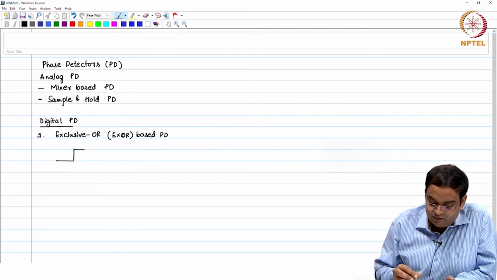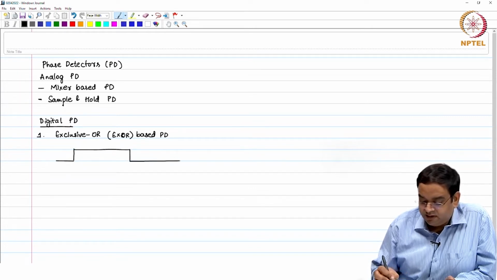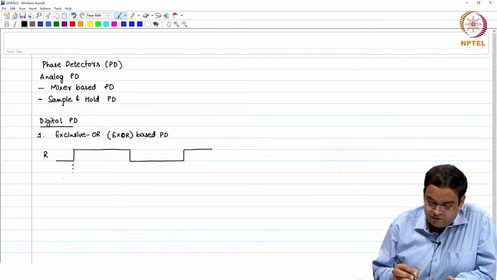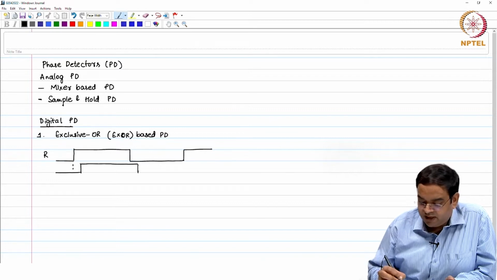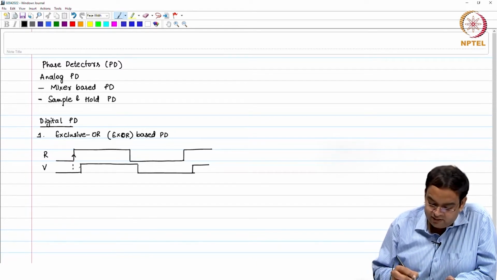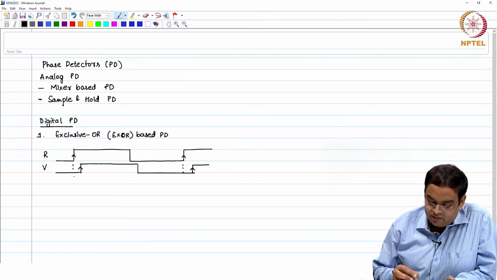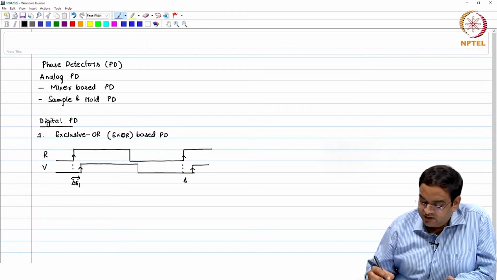If you have two clock waveforms which look like this, which are square waves, this is the R waveform, and then let us say I have the V waveform, where both have the same output levels as shown here, and the rising edges of the two clocks differ by some value. Let us call this delta T1 and this one delta T2.